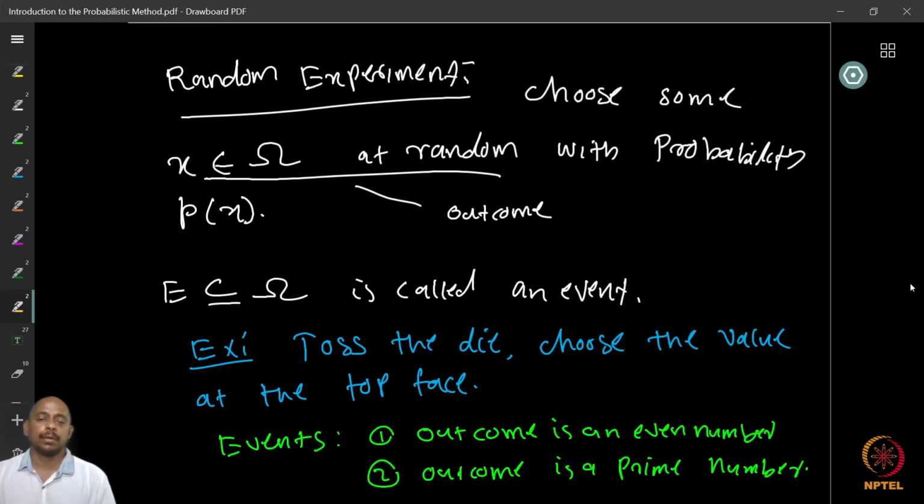So the event that I win is related to the outcome becoming an even number. That is the definition of an event. Similarly, another example is that the outcome is a prime number, so it's either 2 or 3 or 5. For example, we can ask for the chance of getting an even number in the case of a fair dice.